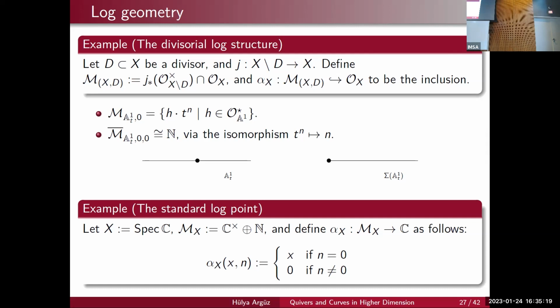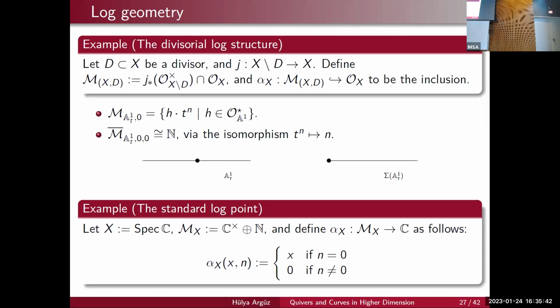For instance, if you have A^1, the usual affine line with parameter t, the stalk around the origin, if you take the origin as your divisor, is given by all functions of the form h times t^n, because these are the ones invertible.